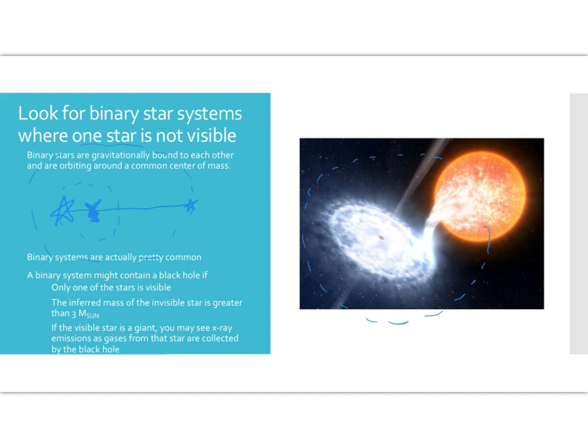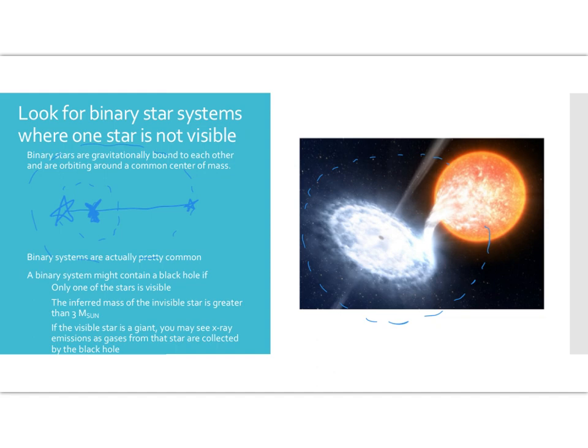Then we'd have to do some calculations and say, well, this star's moving around a common center of mass, so based on its orbit, what would be the mass of the other partner star? And if that inferred mass is bigger than 3 times the mass of the sun, then it seems pretty likely that that other partner is actually a black hole.